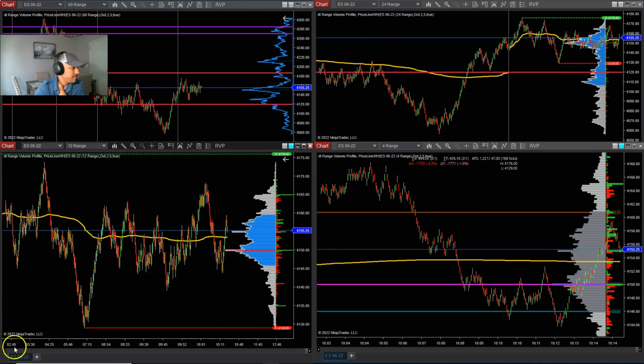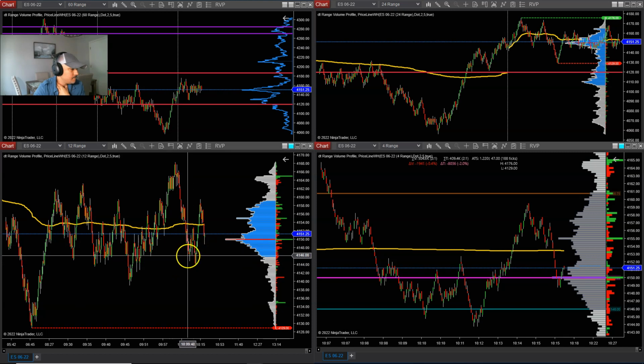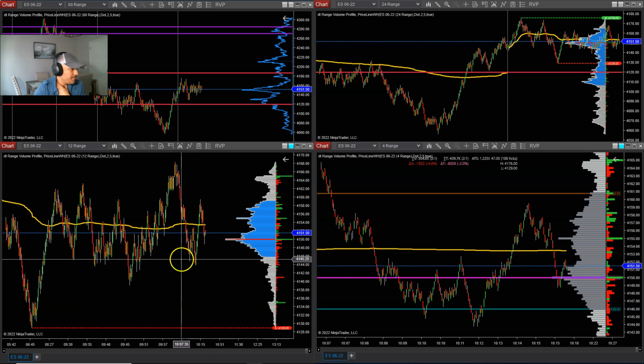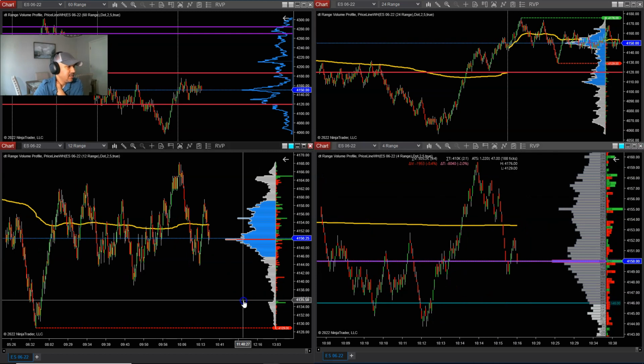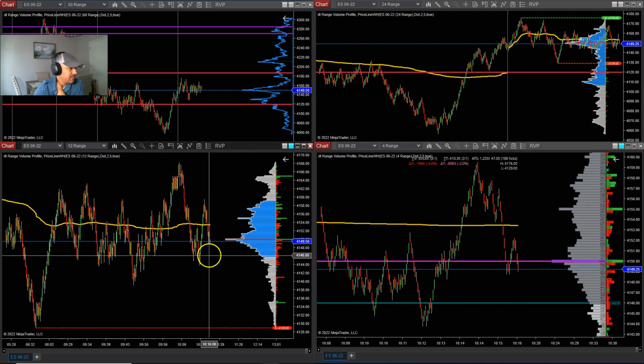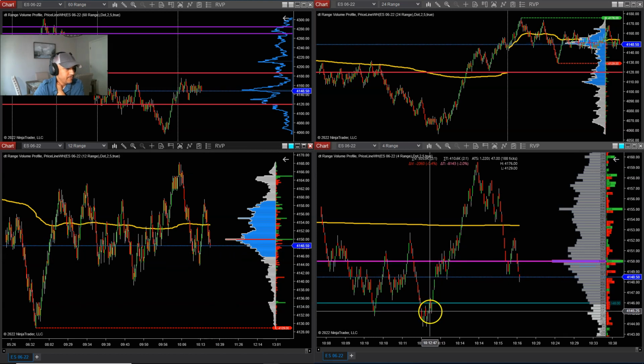Okay, all right, looks like the price is back at the VPOC, so I'm definitely not trading around the VPOC, guys. It may come down here and try to retest these lows down here, but we'll see.